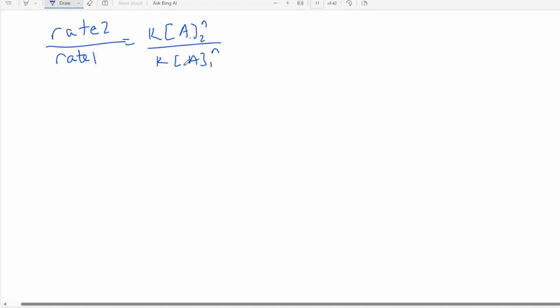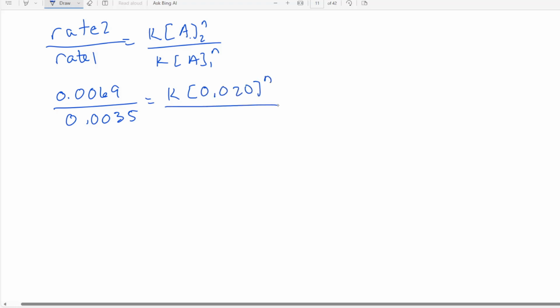So for chloroform, we pick our points. 0.0069 is our rate at point 2 divided by 0.0035 is our rate at point 1 is equal to K times 0.020 to the N. That's our concentration at point 2 divided by K times 0.010 to the N. That's our concentration at point 1. Now we're solving for N. The K's cancel and we get 1.97 is equal to 2 to the N.